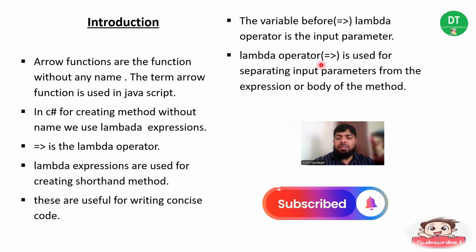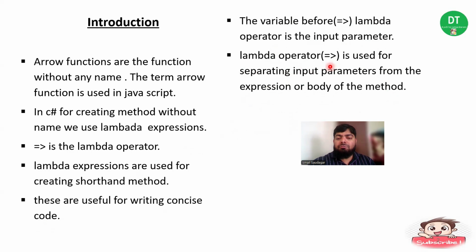So if I write x equal to greater than x into x semicolon, then x, which I am writing before this operator, is the input parameter, and the expression on the right-hand side of this operator is the body or expression of the method. Suppose I am writing x into x, then it will return the multiplication of x.